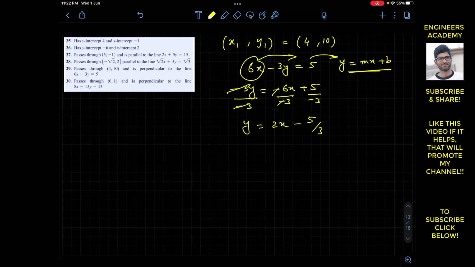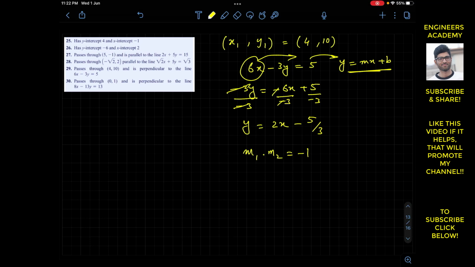5 divided by 3. Now the desired line is perpendicular to this line, so the slope of the desired line will be the negative reciprocal of the slope of this line. We know that when two lines are perpendicular, the product of their slopes is equal to minus 1.